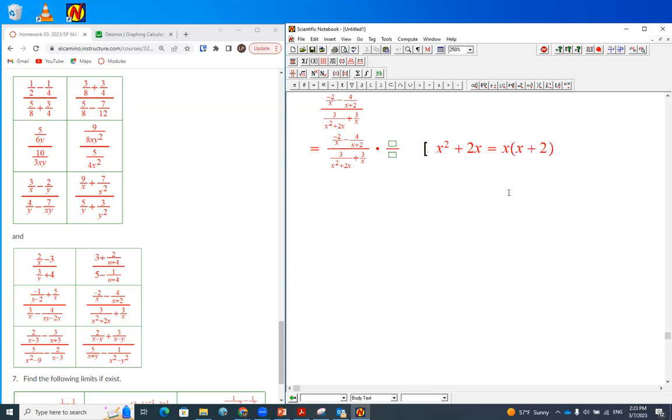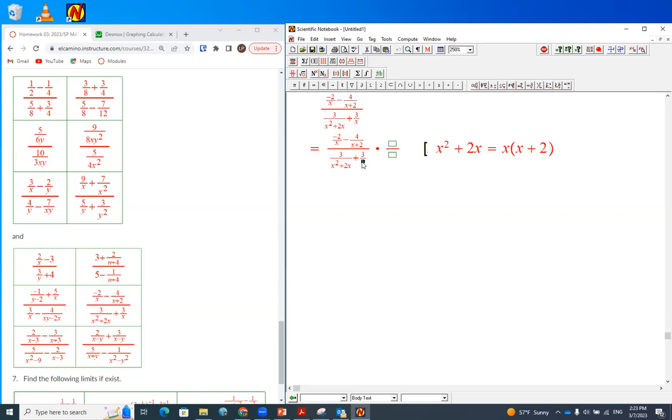So this will probably help us get a simpler common denominator, or maybe even the least common denominator.